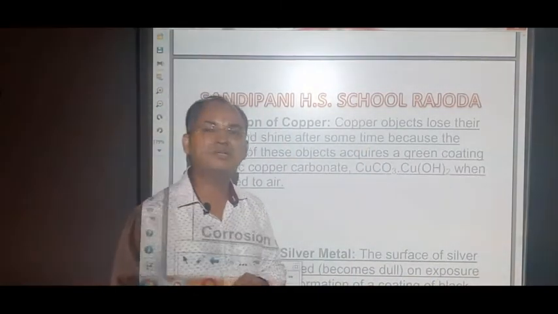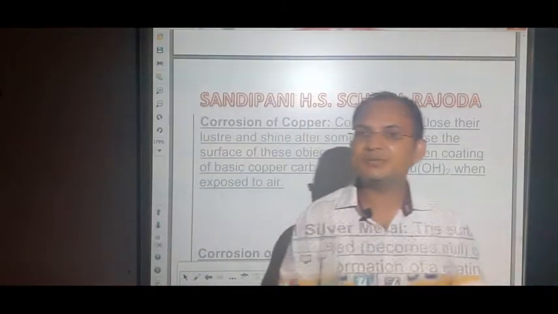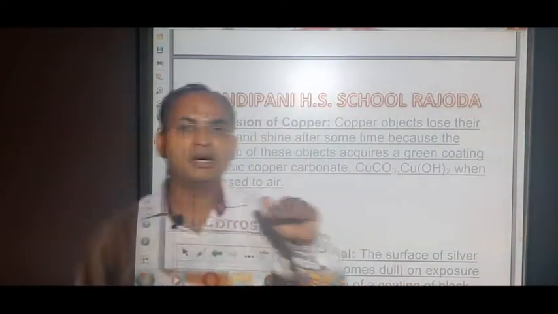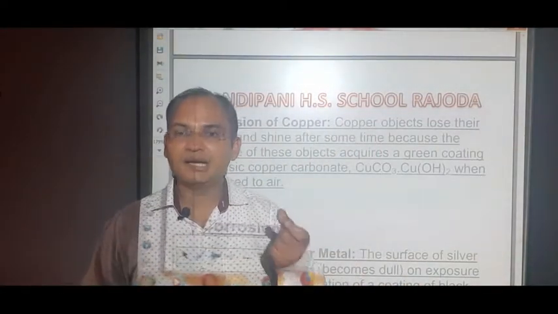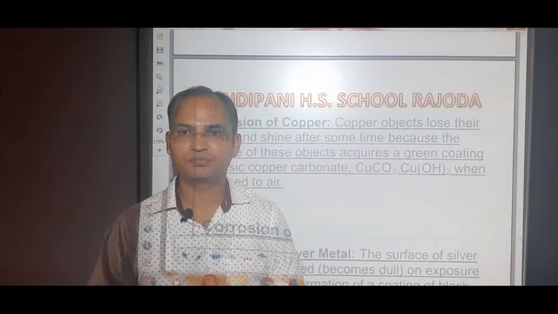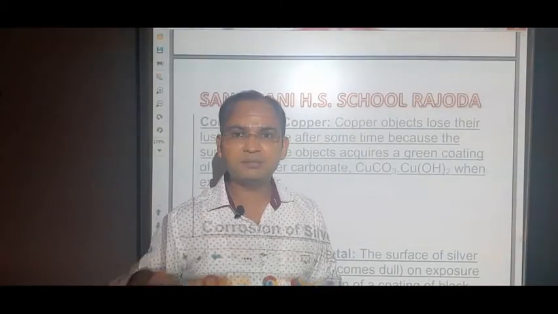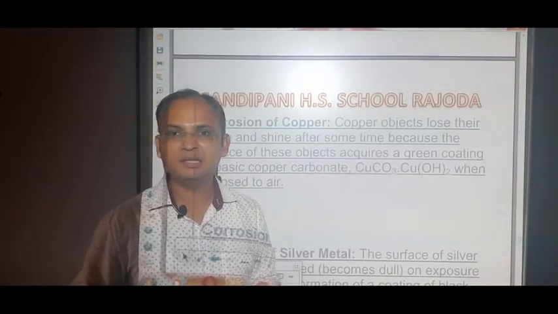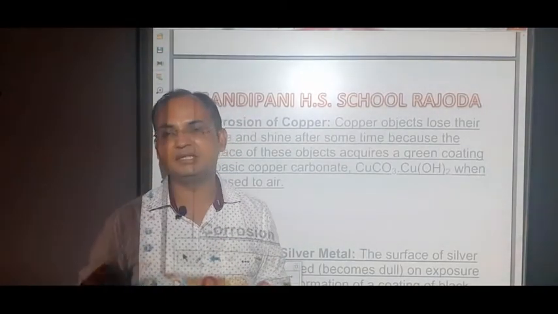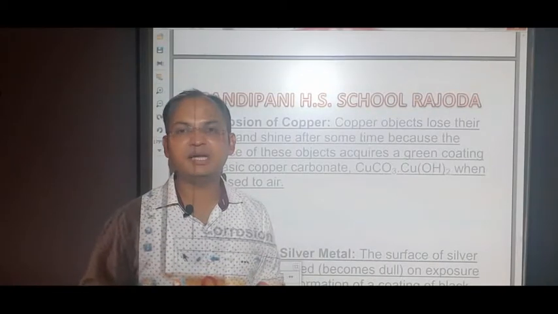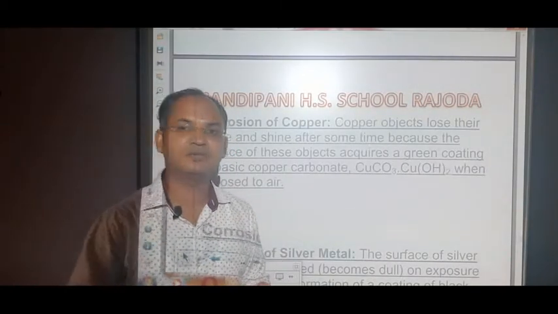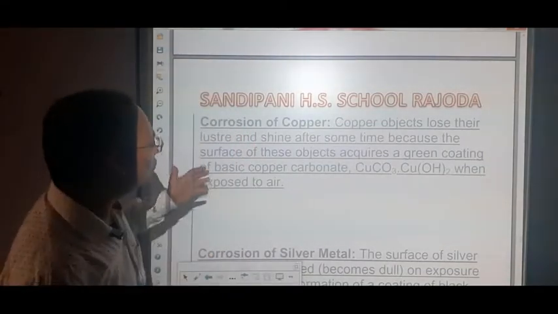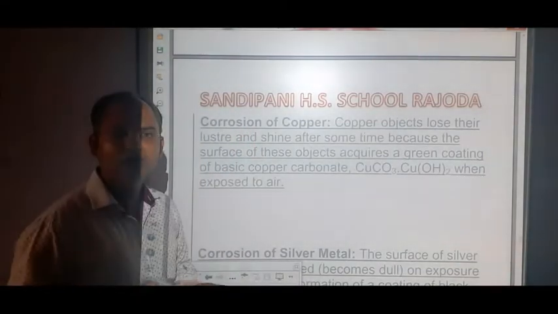Sometimes you have seen, students, that whenever we put some citric or sour substances in copper vessels, the upper layer becomes greenish blue. After some time the upper layer becomes greenish blue, and whenever we clean that layer, the copper starts shining there. So what is the reason behind the greenish layer forming on the surface of copper vessels? It is also the corrosion of the copper metal.